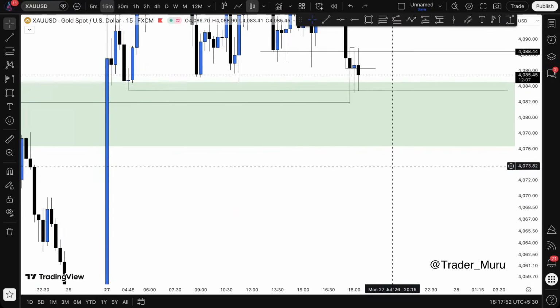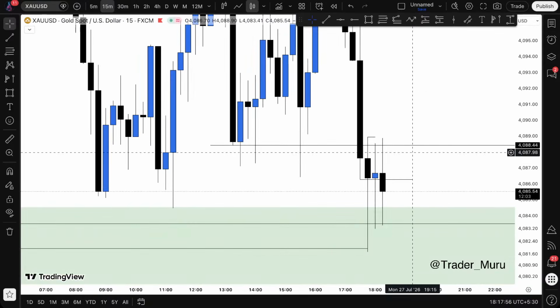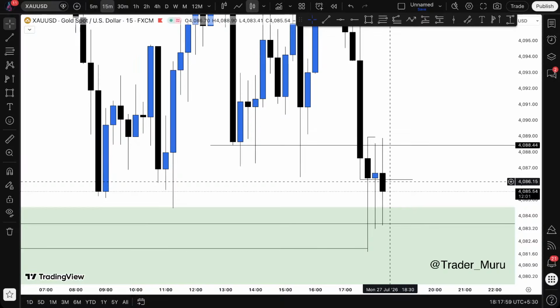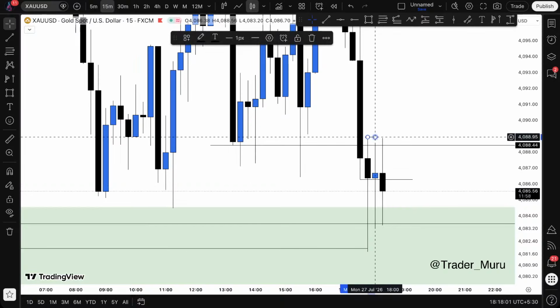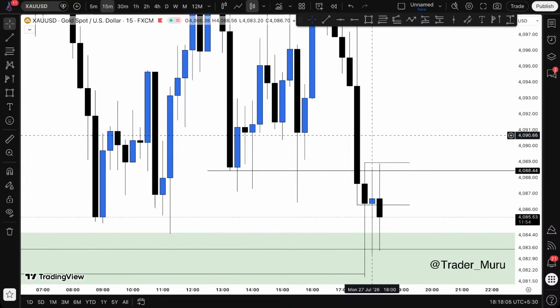Two 15-minute candles have closed and none of them have closed below. So this is just a sweep. This candle should close above this high. And on the next candle, it will start pumping.